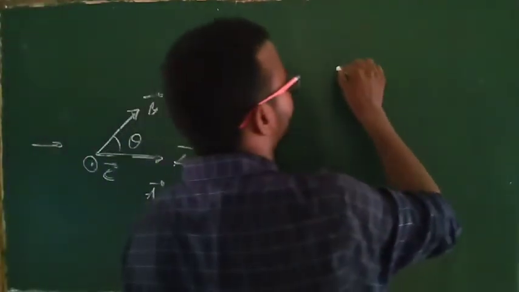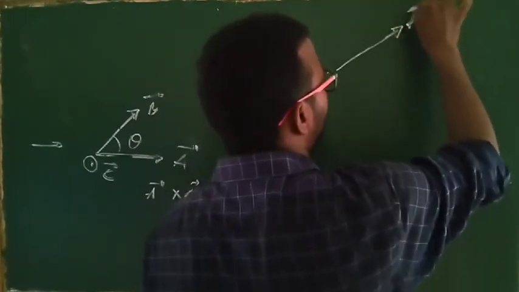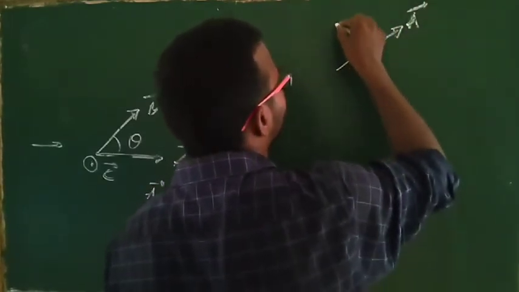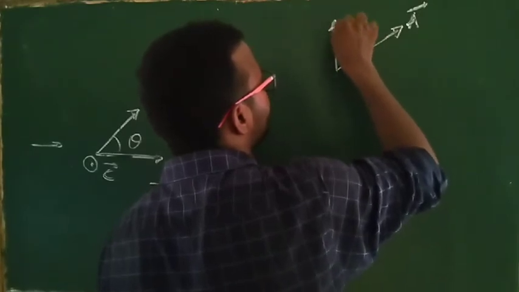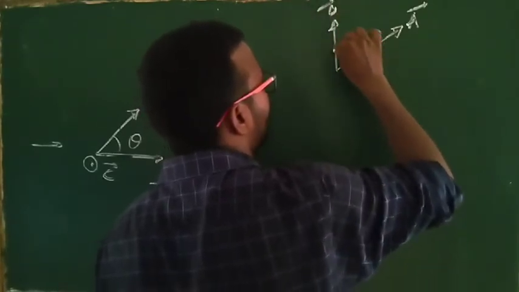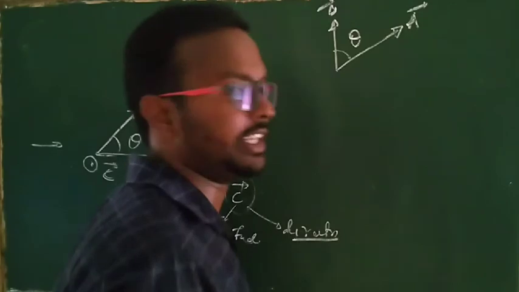Another example. Suppose there is a vector A and another vector B, and the angle between them is theta.